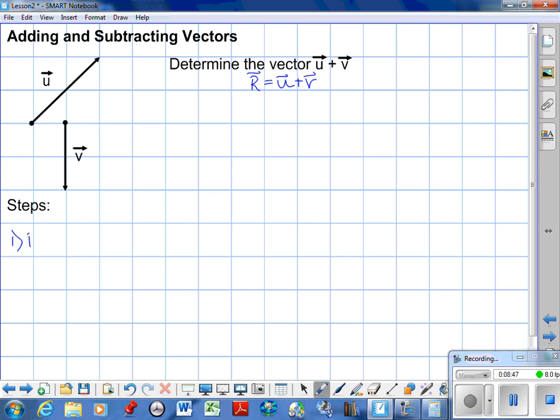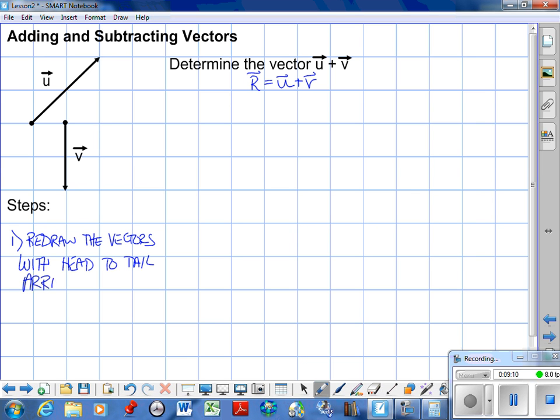First, we redraw the vectors with head to tail arrangement. Head to tail arrangement.